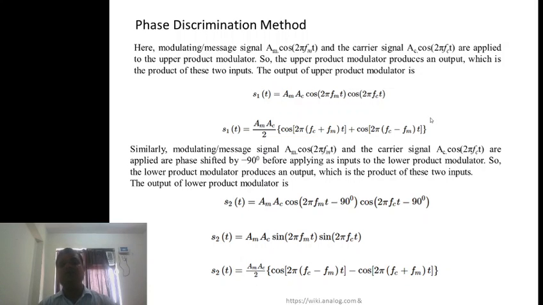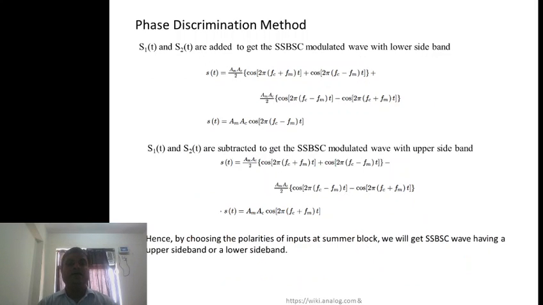After passing through the band pass filter, one of the sidebands will be suppressed. Instead of passing through the band pass filter, in the phase discrimination method we pass the signals through an adder. With the single sideband suppressed carrier system, when we pass through the adder, both signals will add up.